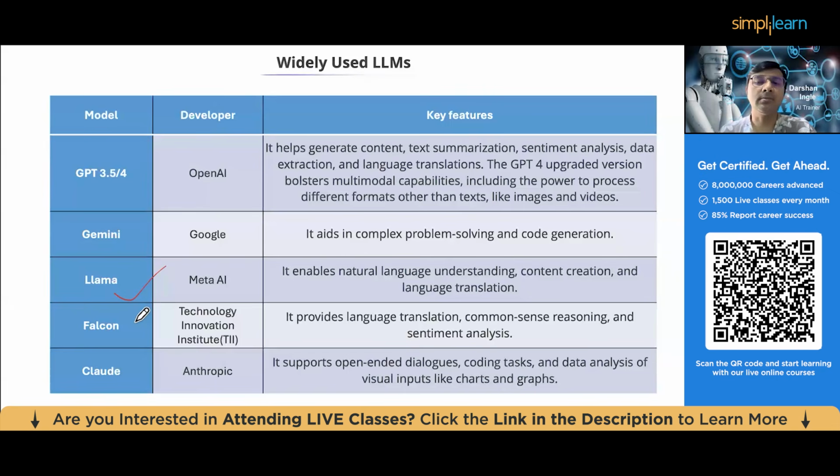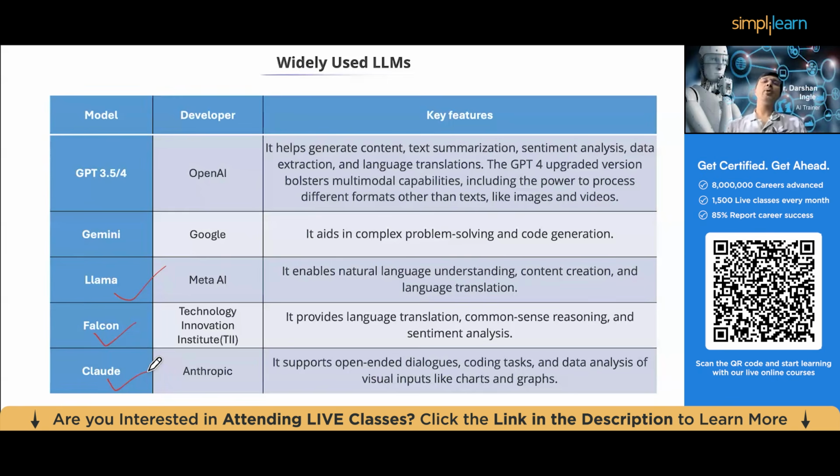Then you have Claude, from Anthropic. They are known for safety and ethical AI design. They can perform dialogues, coding tasks, even data analysis like charts and graphs. So Claude is particularly good at summarizing long documents while following ethical guidelines.